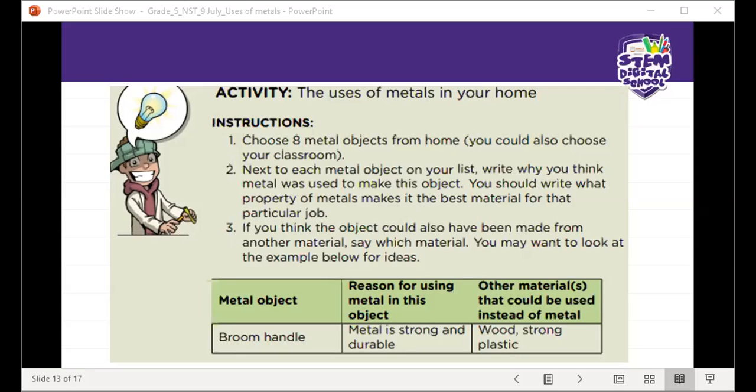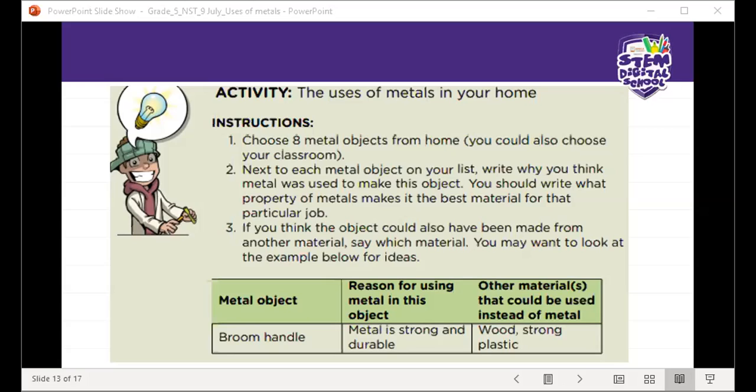I saw a stapler, ma'am. A stapler. Yes, ma'am. All right. So why do you think a metal was used for the stapler? The metal was used for stapler because you can hold it. It's not like a plastic stapler. It's a metal stapler.